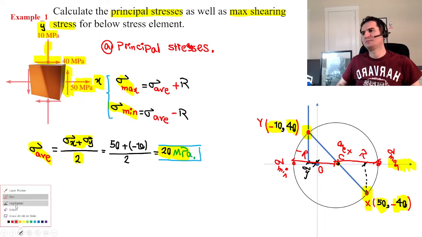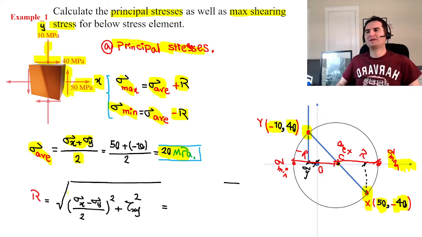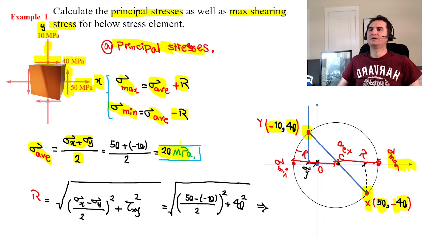So for the principal stresses, you calculate sigma average, the center of our circle, and add the radius to get sigma max; if you subtract the radius, you get sigma min. As soon as you have sigma average, you can calculate sigma max or minimum.